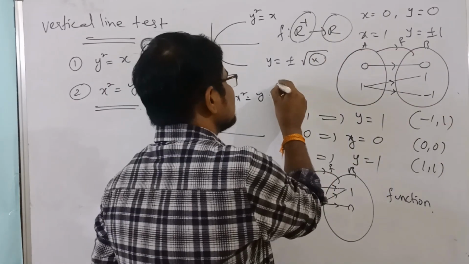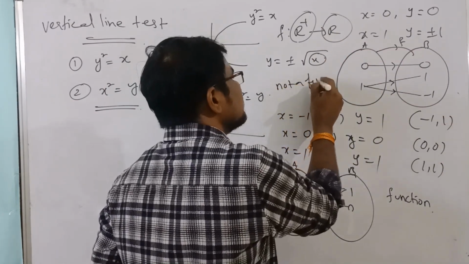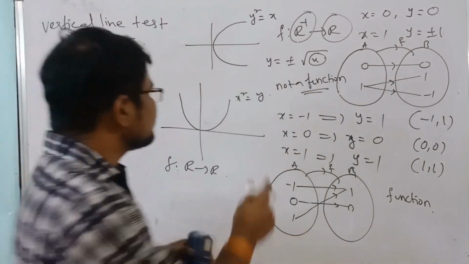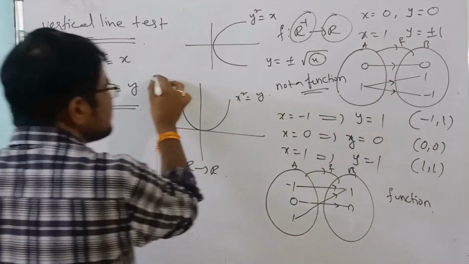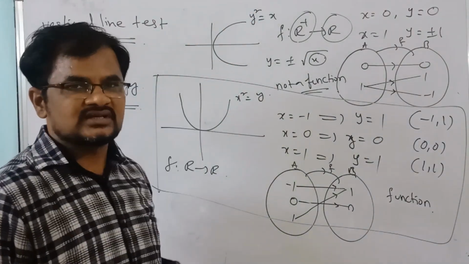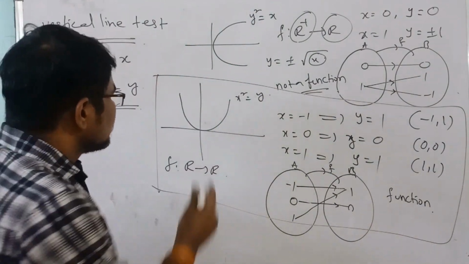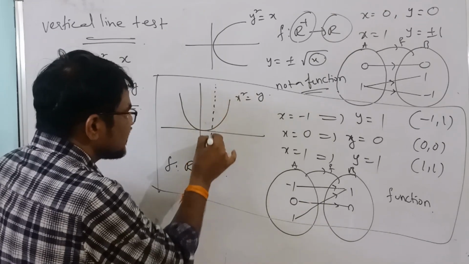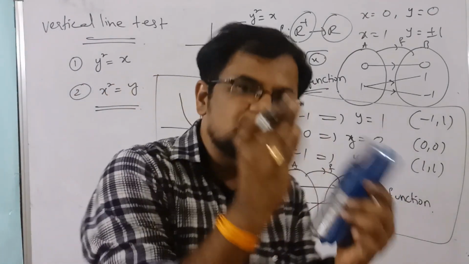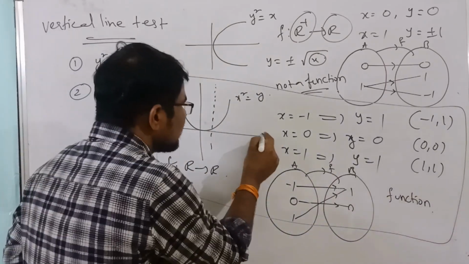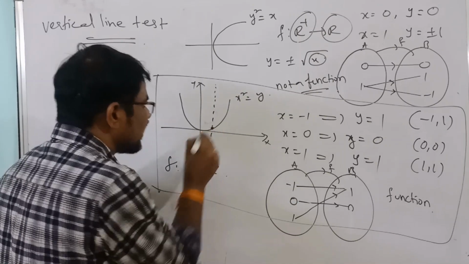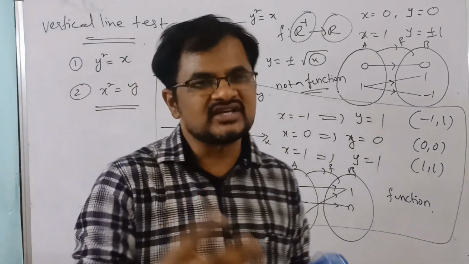Not a function means what we are observing in this. Draw a vertical line, a line which is parallel to the y-axis. If it intersects the graph at one point, it is a function.